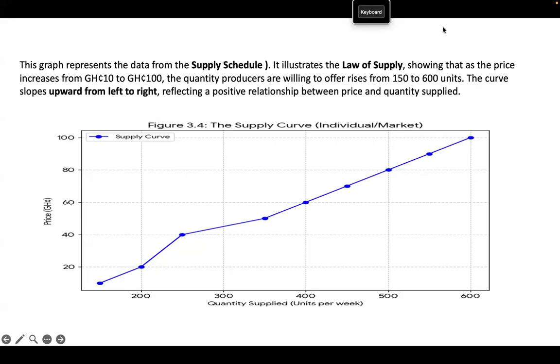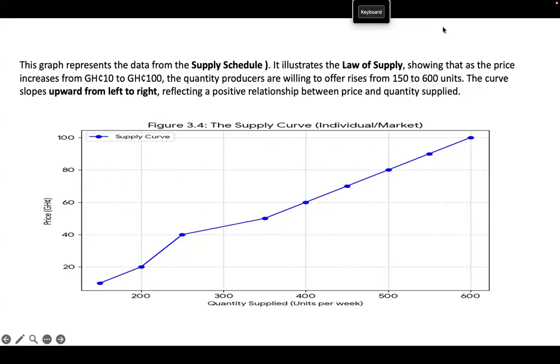Let's get to the demand. No matter the price of cigarettes, people buy, because cigarette has some kind of taste.